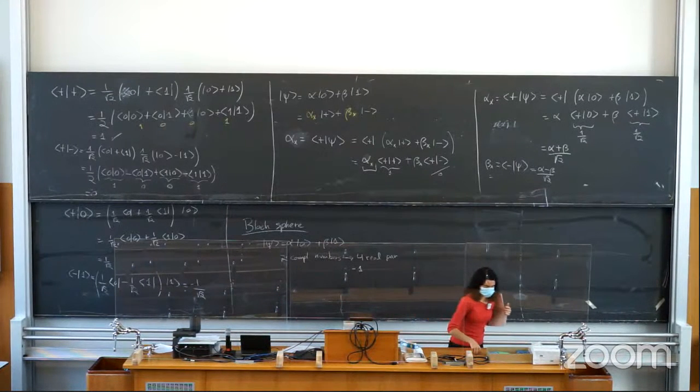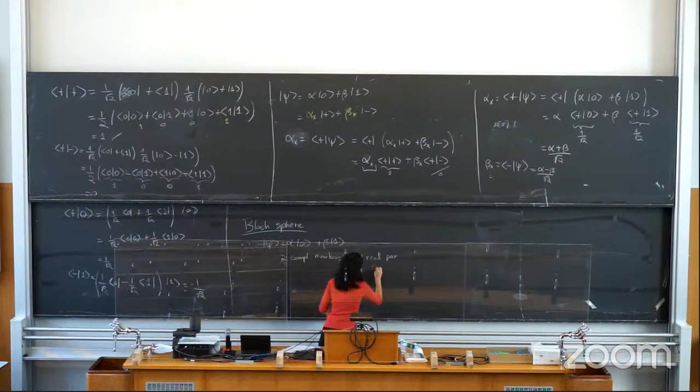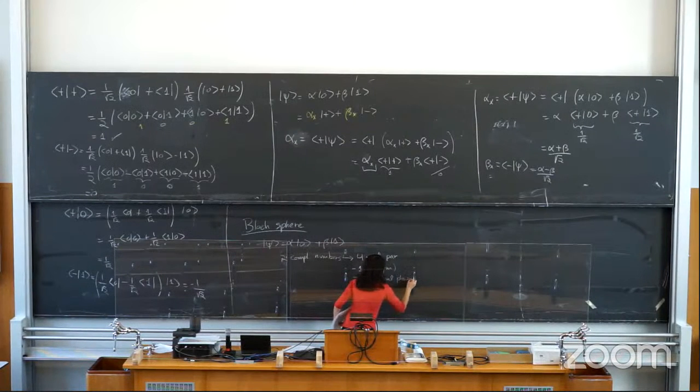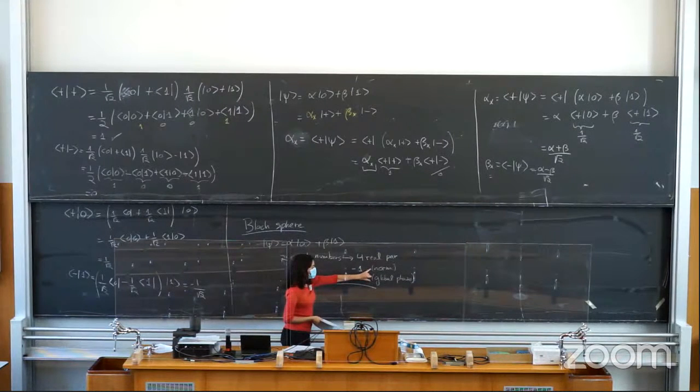So one of these parameters is fixed, it's just the norm of the vector. So this is from normalization. Then we take another one because this will be a global phase, which we'll see in a moment, that it doesn't matter for the outcome of local measurements. So this will be the global phase. And then I tell you for now that these 2 we don't have to care about.